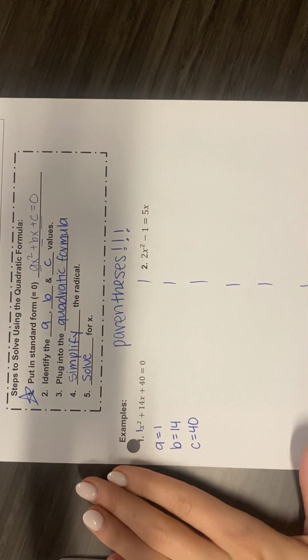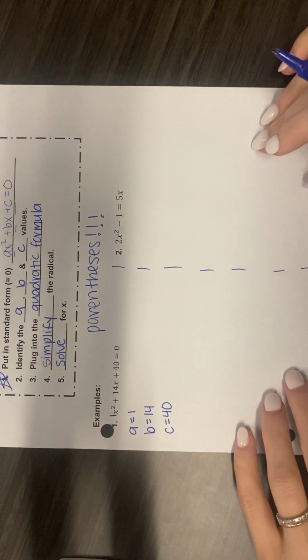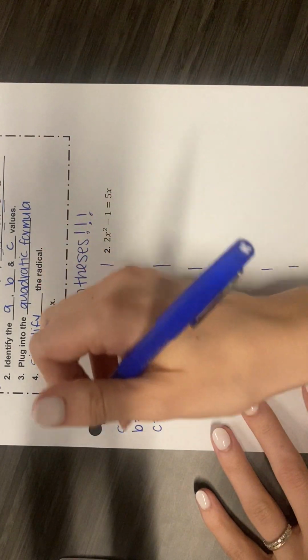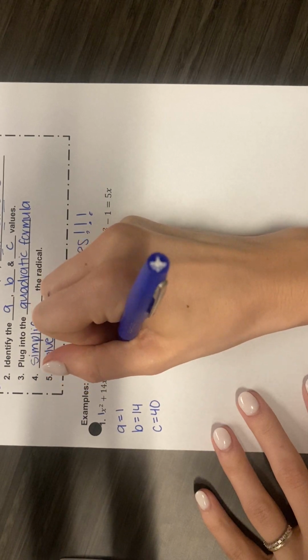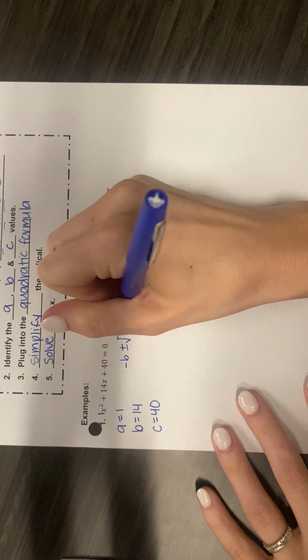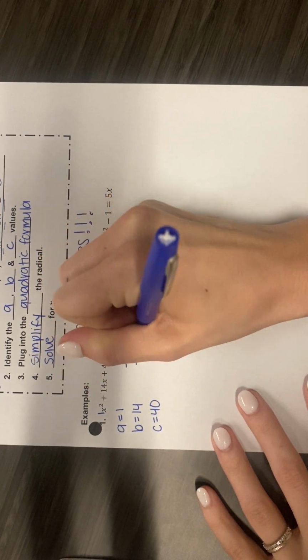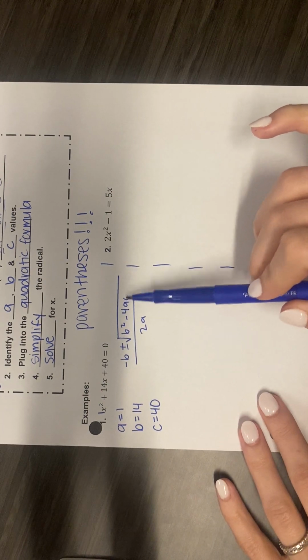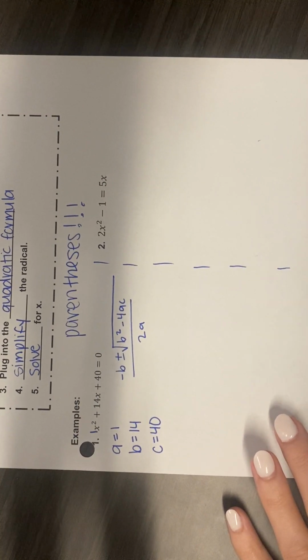Hopefully I spelled it right. So my formula is negative b plus or minus the square root b squared minus 4ac all over 2a. Every time I plug in a letter, I am going to put parentheses.